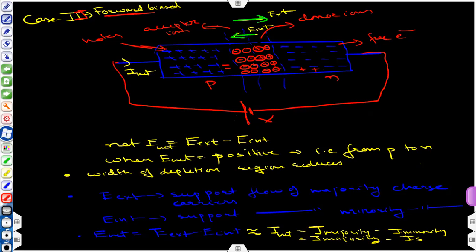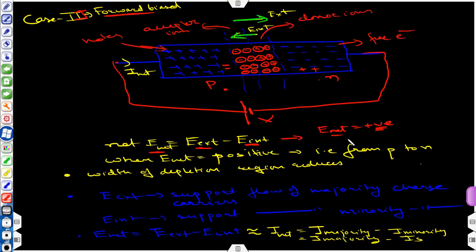One electric field is internal, this will be always from N to P, and now the external electric field, because you have connected in this way, will be from P to N. So you can write E net, net electric field will be E external minus E internal, and whenever E net is positive, meaning to say that E external is greater than E internal.